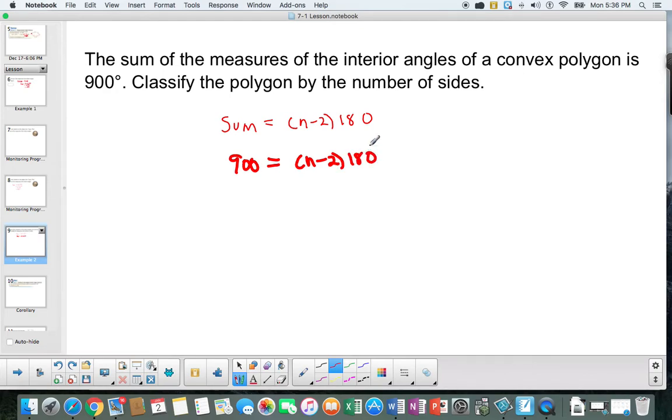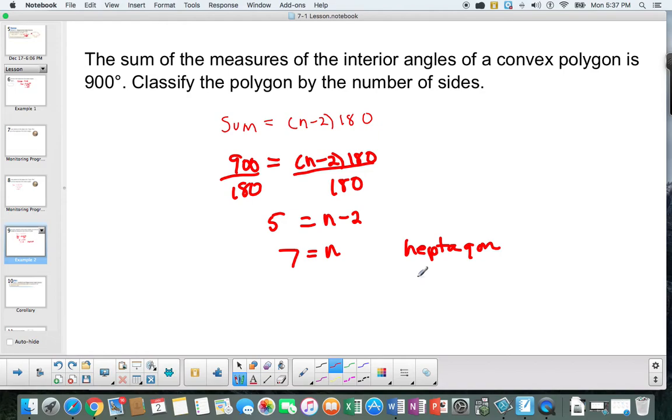Now I'm going to divide both sides by 180, and I'm going to get 5 is equal to n minus 2. And then I'm going to add 2 to both sides, so n is equal to 7. So a figure that has 900 degrees as the sum of all the interior angles is a heptagon, or a 7-sided figure. Sometimes we call it a septagon as well.